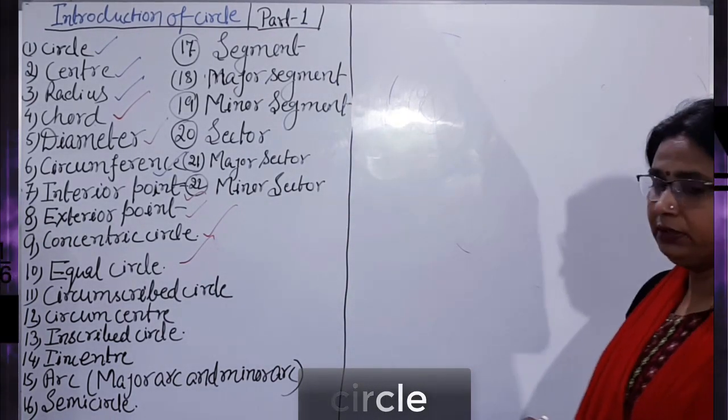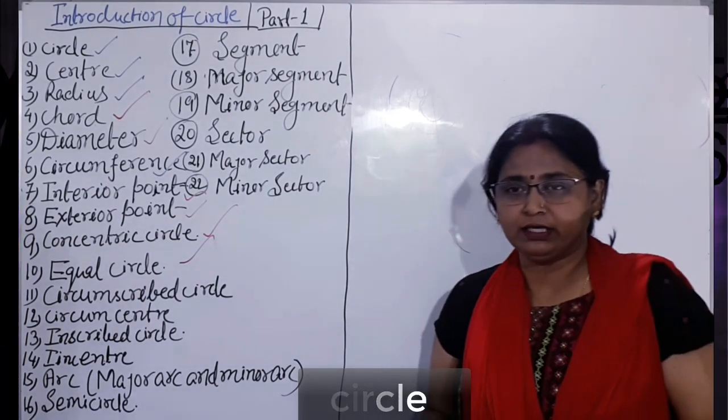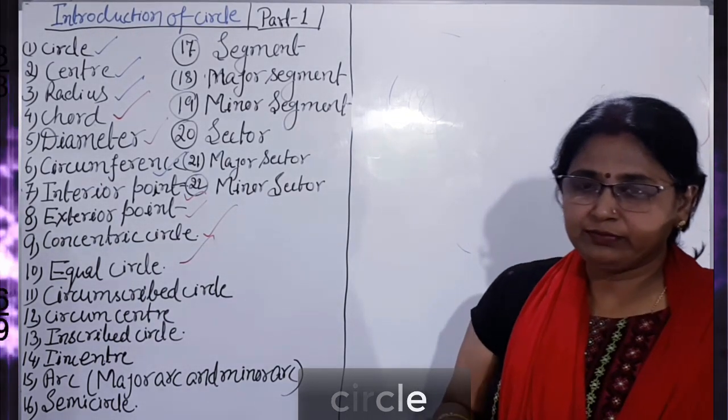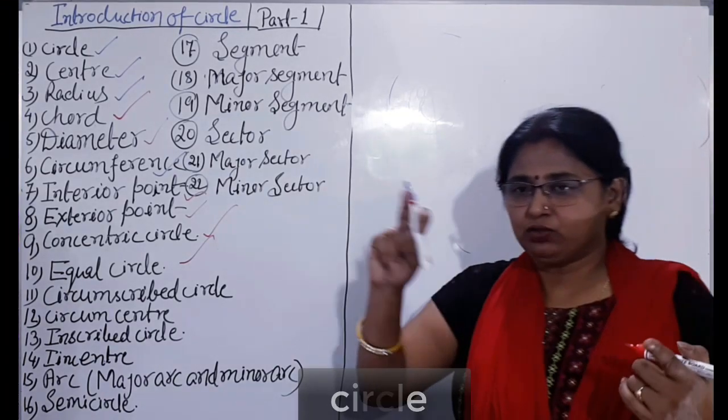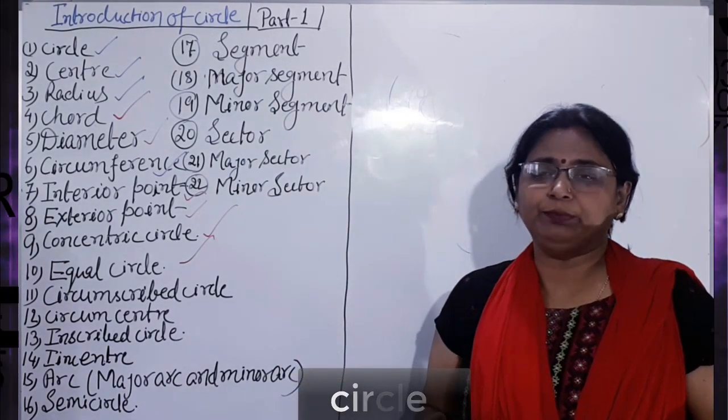Circumscribed circle. A circle which passes through all the vertices of a polygon.